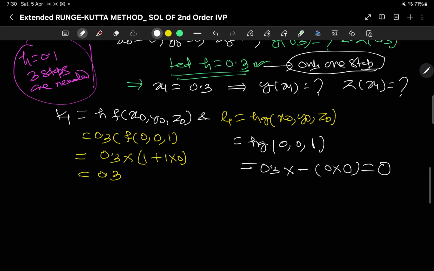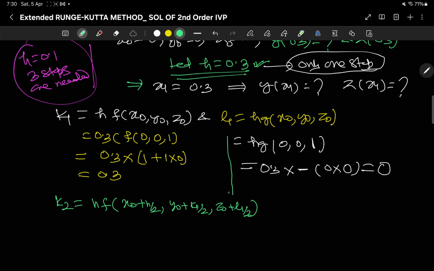Now what is your k2? K2 is equal to h f of x0 plus h by 2, y0 plus k1 by 2, z0 plus l1 by 2. So this is equal to 0.3 f of 0.15, 0.15, and 1.